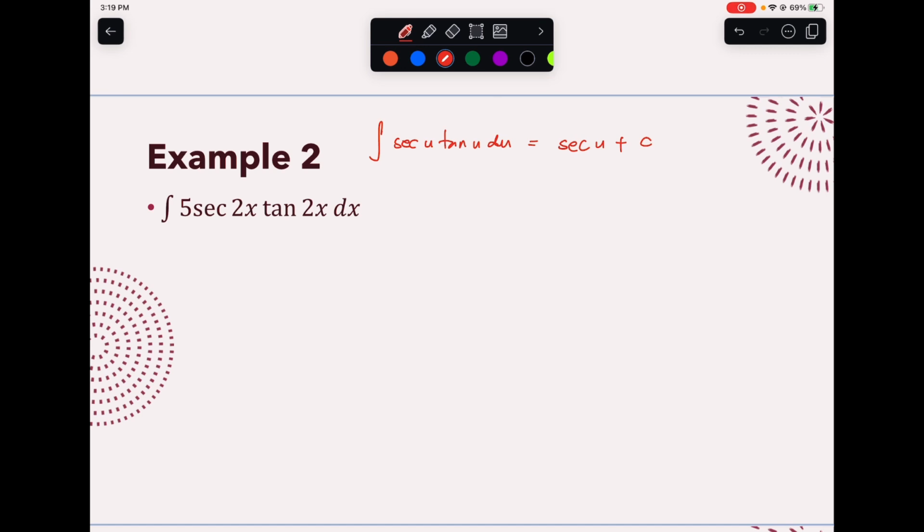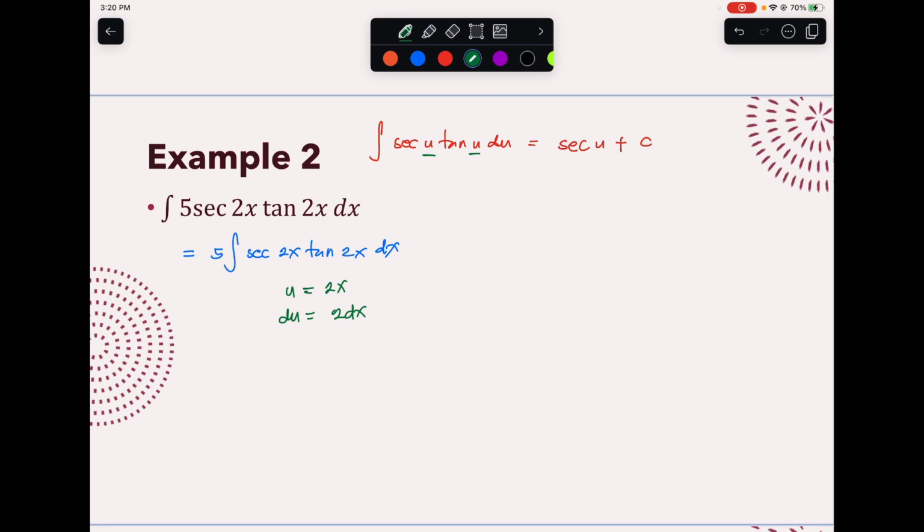So in this case, I can move out 5. Since that is a product, we have 5 times the integral of secant 2x tangent 2x dx. Our u here is 2x, and then du will be 2 dx.